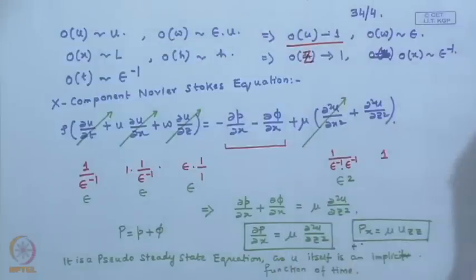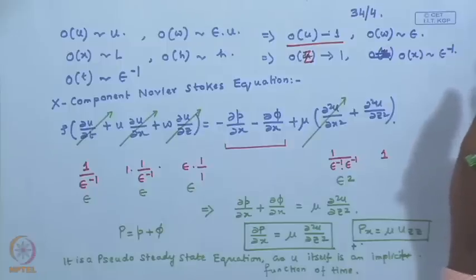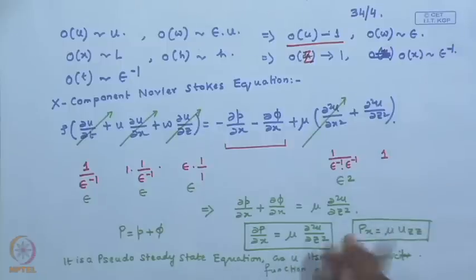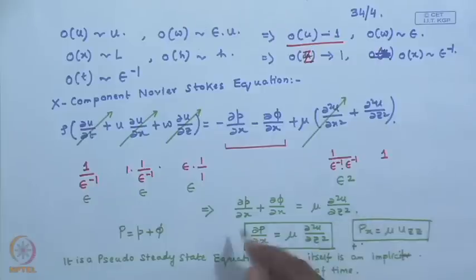Then we looked at the order of magnitude analysis of the x component Navier-Stokes equation, which gave us this simplified form, where all other terms are much smaller as compared to these terms. So this is our final governing equation.